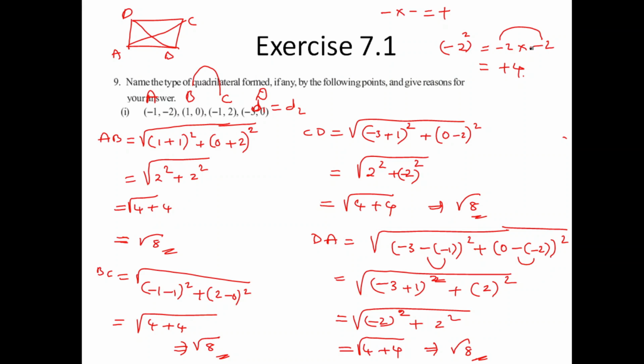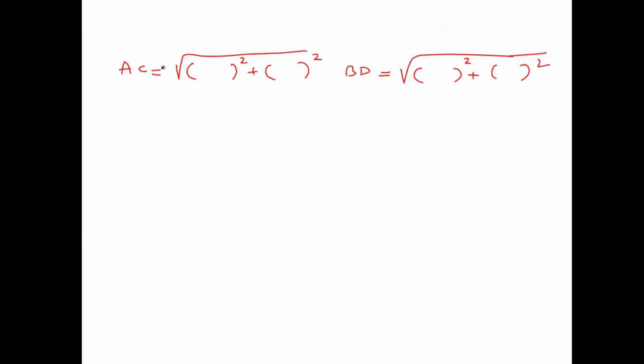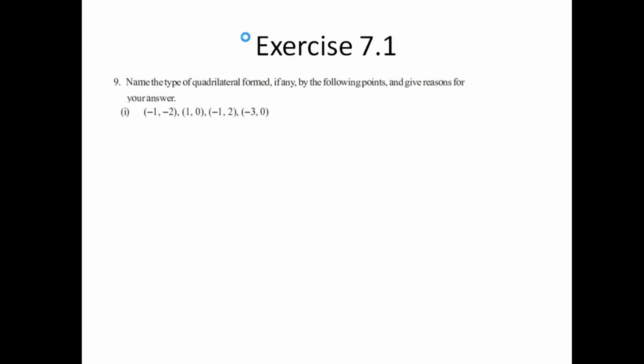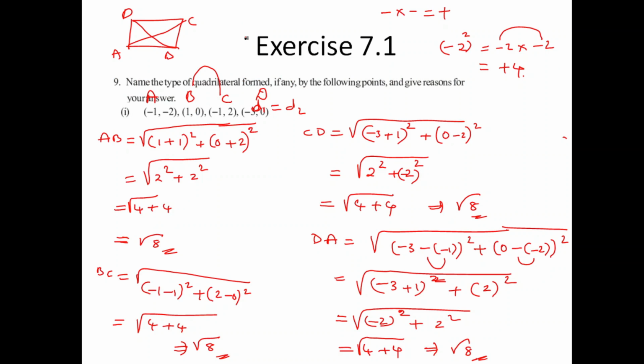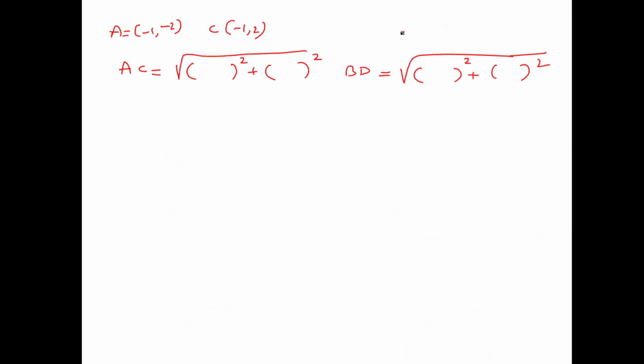We have taken A as minus 1 comma minus 2, and C we have taken as minus 1 comma 2, isn't it? And B is 1 comma 0. What would be the value of D? Minus 3 comma 0.